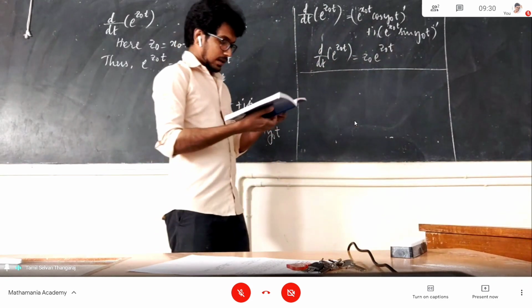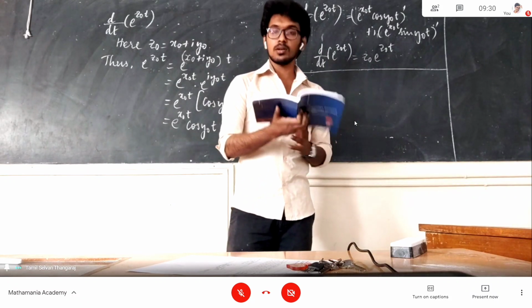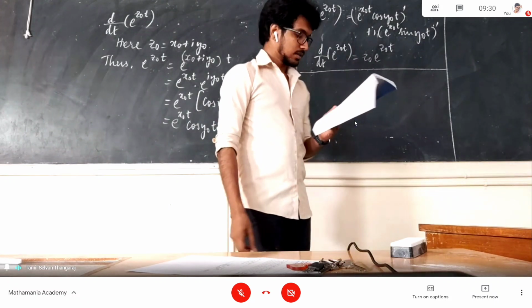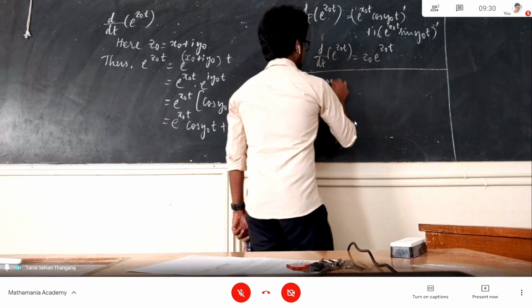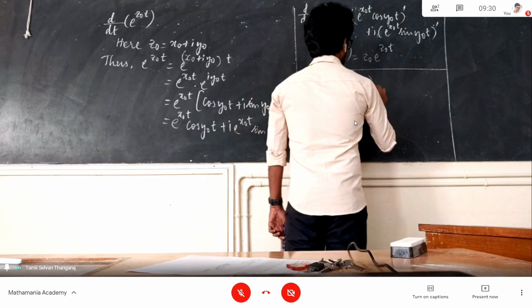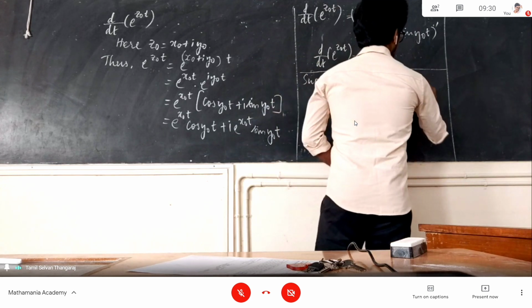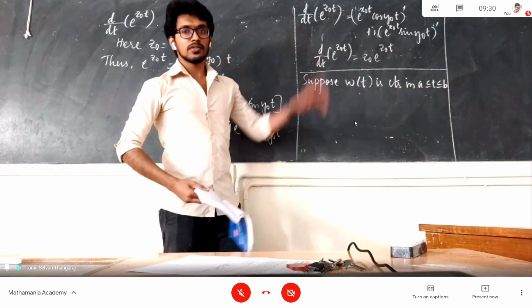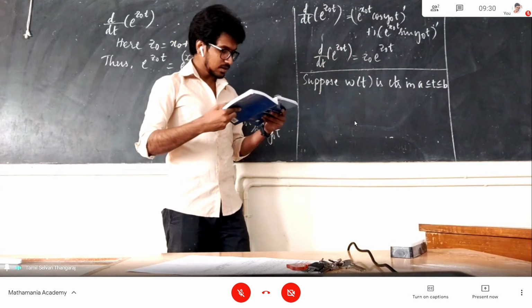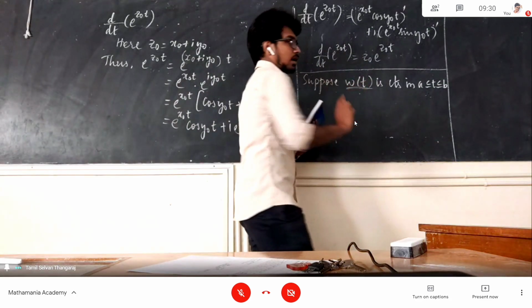We have seen the concept of the mean value theorem. It tells you that suppose w of t is continuous in a smaller than or equal to t smaller than or equal to b. Here it is a complex valued function.